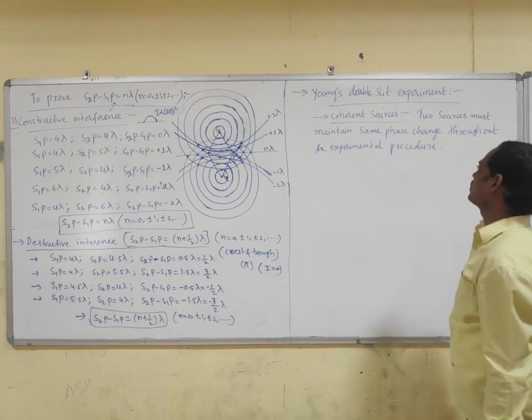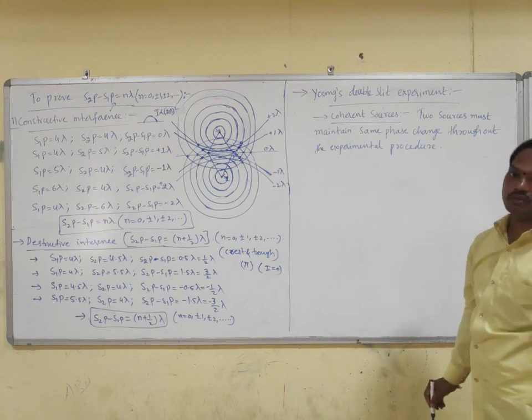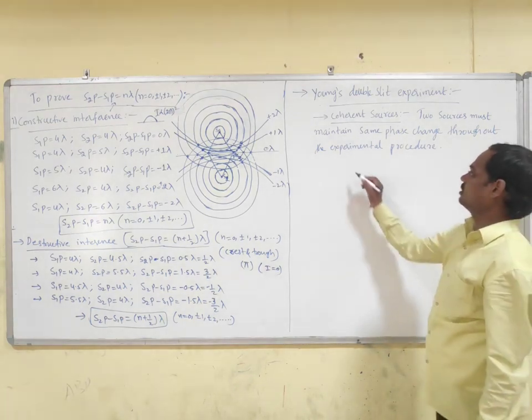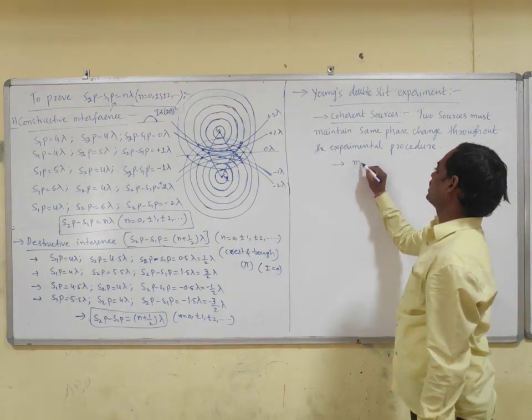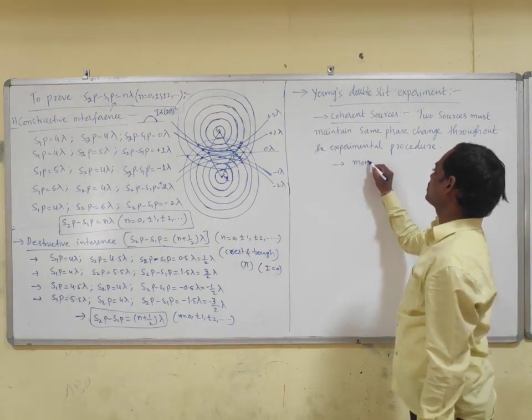Then such sources are called coherent sources, and they must be monochromatic. Single source, monochromatic source.